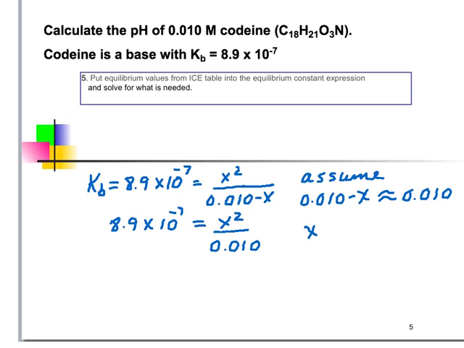That means that x squared equals 8.9 times 10 to the minus 9, and x equals 9.4 times 10 to the minus 5. You will notice now that that number, 9.4 times 10 to the minus 5, is small compared to 0.010. You wouldn't even see it if you subtracted those two and rounded off to the proper sig figs. So our assumption that we wrote here, it's okay.